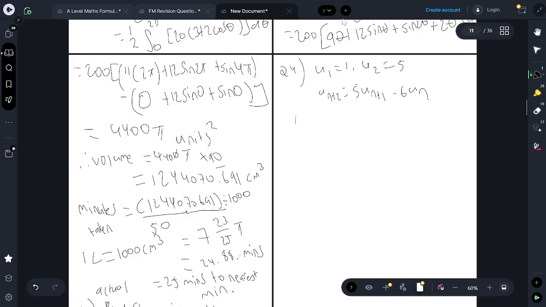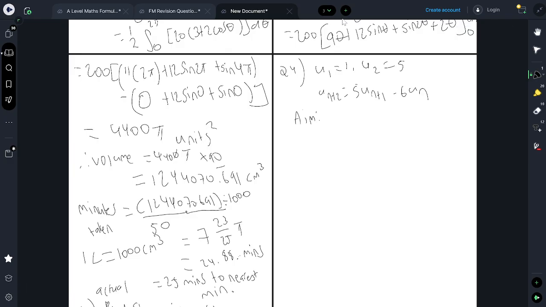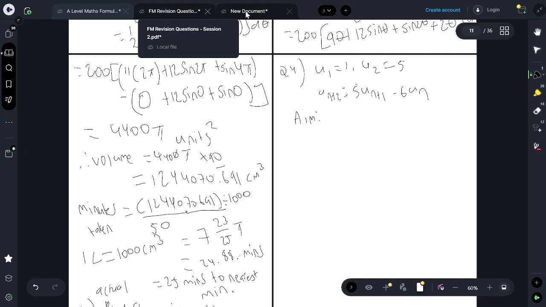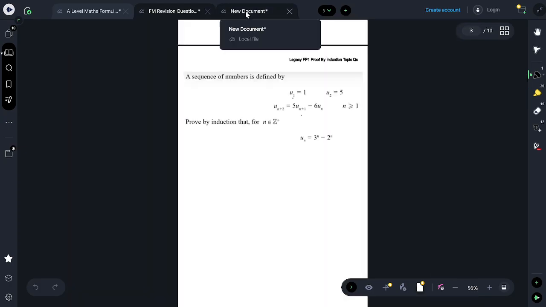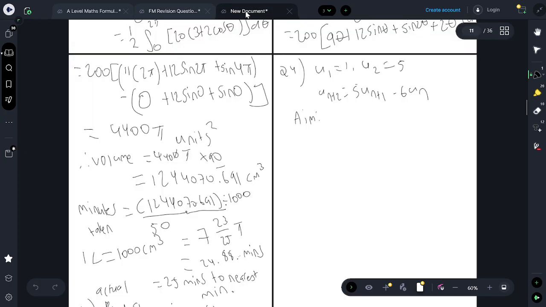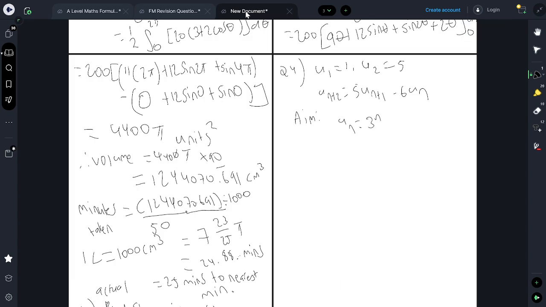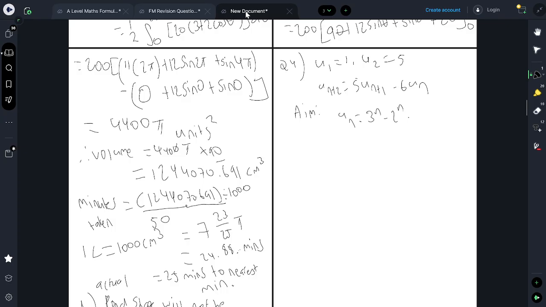We need to prove, so our aim is to show or prove that Un is directly 3 to the n minus 2 to the n. Like with anything, you're going to need a basis.